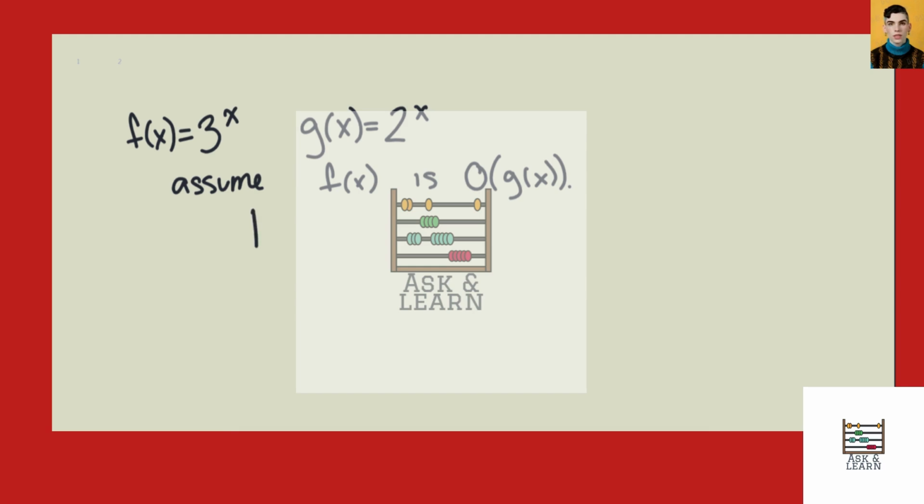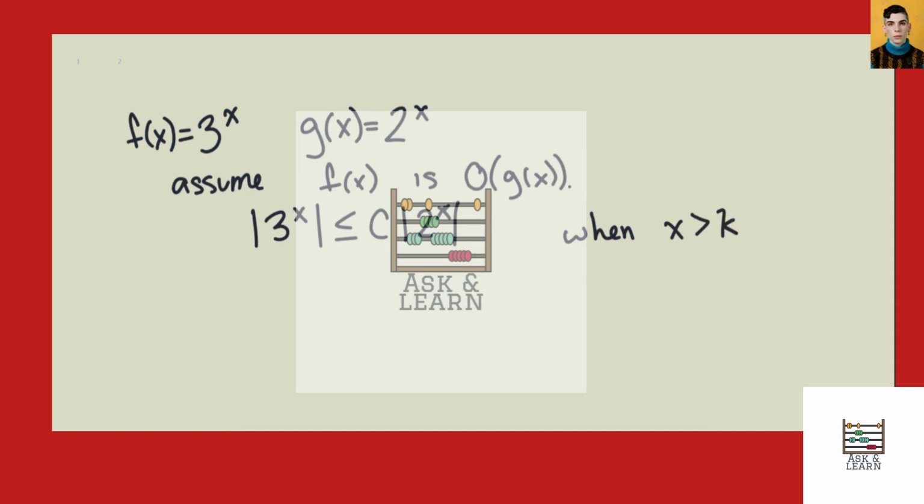So if this is the case, then it must be true that 3 to the power of x is less than or equal to some constant c times the absolute value of 2 to the power of x, for some k value when x is larger than k.